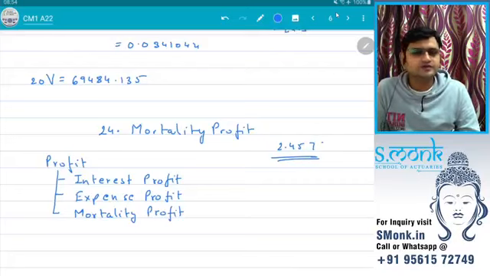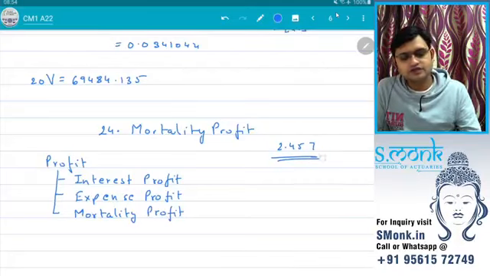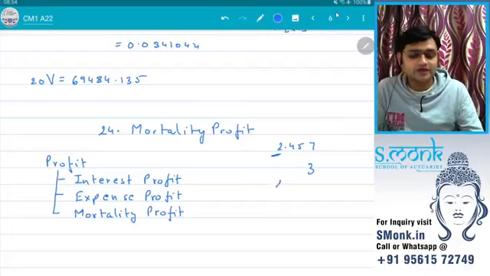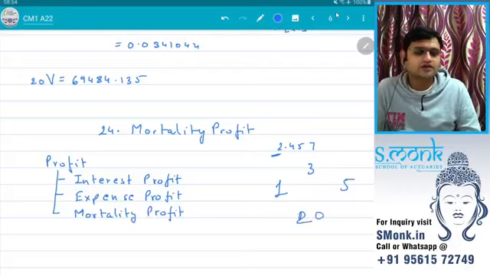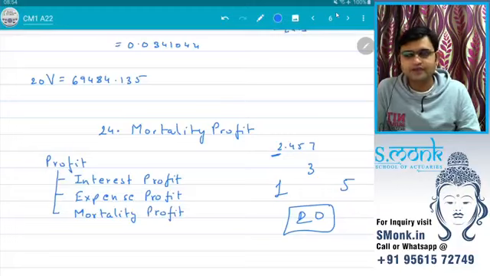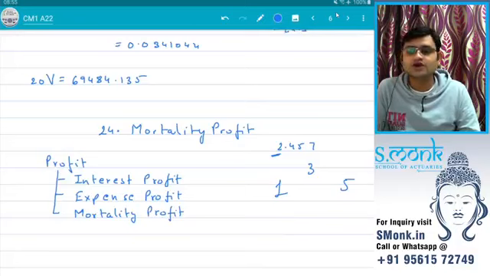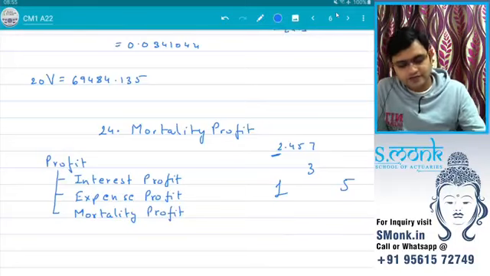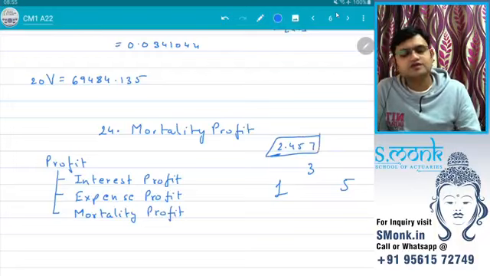It's not possible, right? So either it will be 2 or it will be 3, or it can actually be 1, or it can be 5, or it can be 20. Chances of that happening, that we have a very large value, would be very low. Probability of that happening will be very low, but that does not mean it will not happen. It might still happen. So we were expecting 2.457, but we got, let's say, 5.